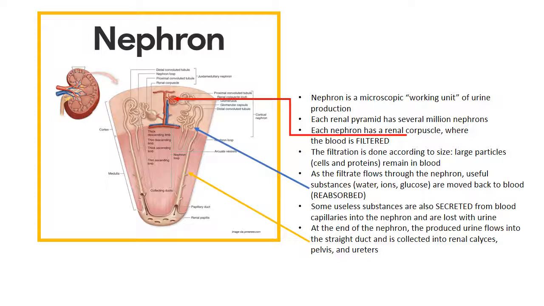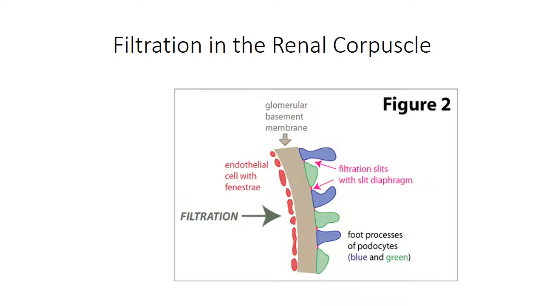The papilla continues as calyx, and calyces merge into the pelvis, and the pelvis continues as the ureter, and the ureter transports the urine into the urinary bladder. So that's the production of the urine. Remember, it has three components: filtration, reabsorption, secretion.